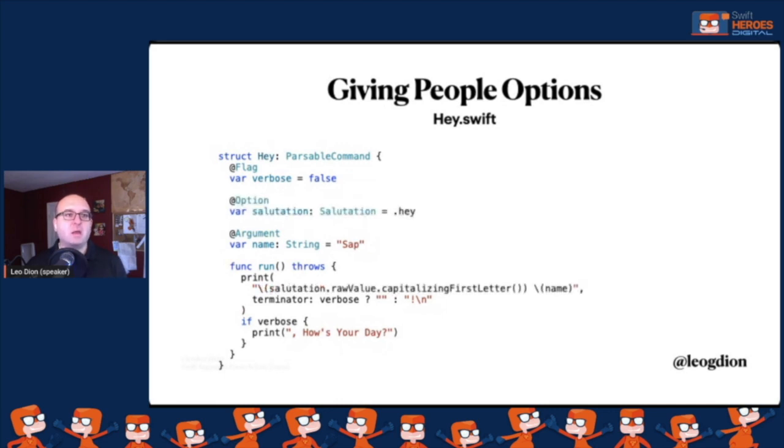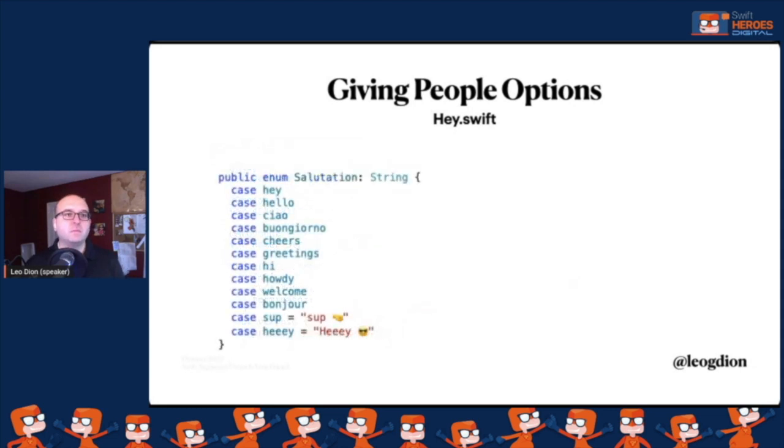We have a new option, in this case, salutation, with a default value, hey. And then we're just going to take the raw value of that enumeration and capitalize the first letter within that salutation and print that out. So if we ran this, oh, by the way, here's our salutation enumeration.